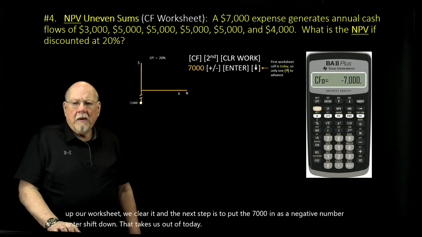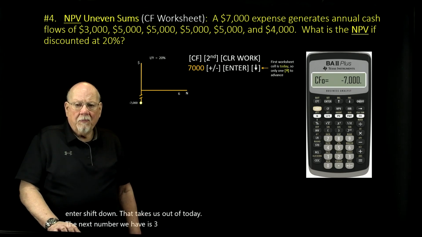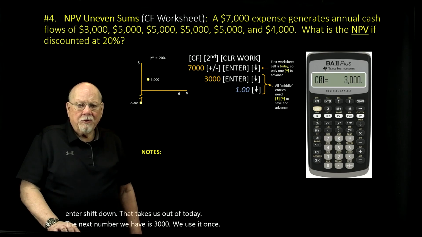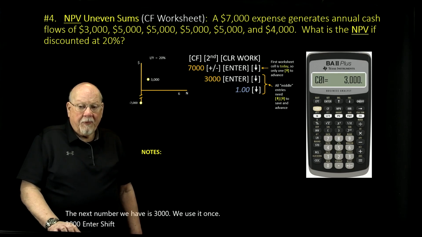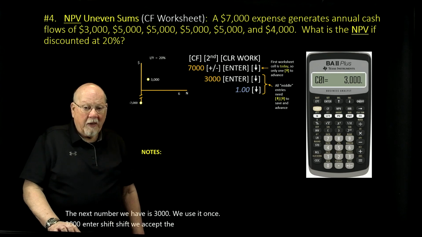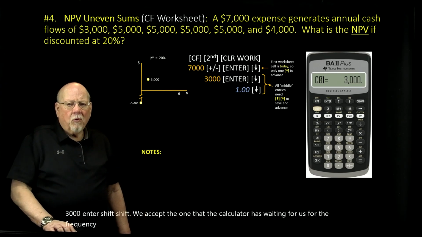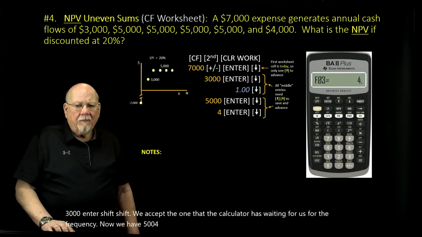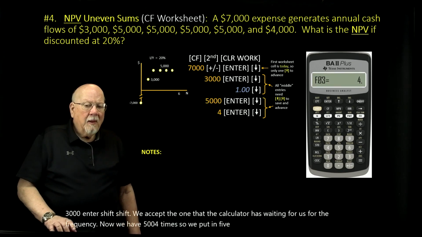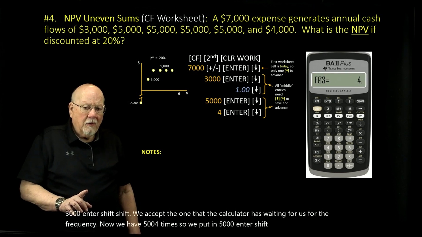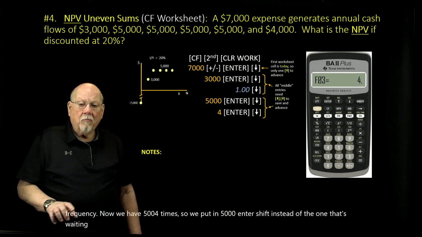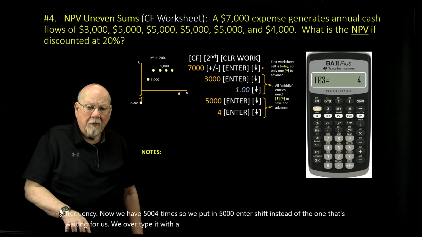The next number we have is 3,000. We use it once. 3,000, enter, shift, shift. We accept the 1 that the calculator has waiting for us for the frequency. Now we have 5,000 4 times. So we put in 5,000, enter, shift. And instead of the 1 that's waiting for us, we overtype it with a 4, enter, shift.